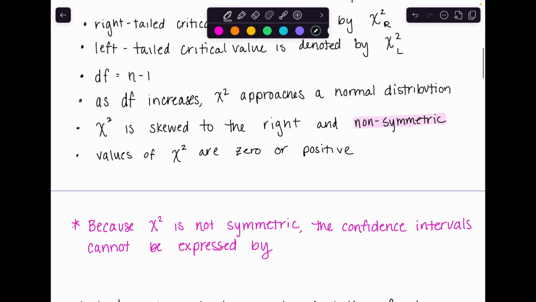So because the chi-squared is not symmetric, the confidence intervals can no longer be expressed as the following. You can't say your actual population variance is smaller than the sample variance plus some margin of error, or the sample variance minus some margin of error. This no longer is going to make sense.